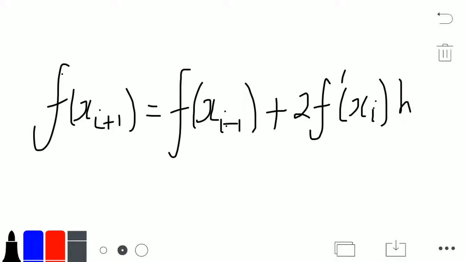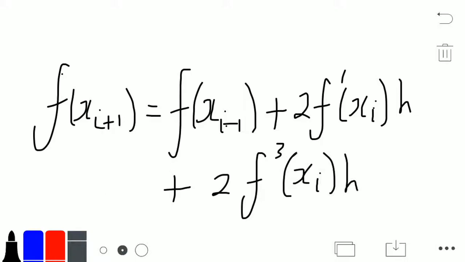And what you'll notice is that the second order terms vanish and we are left with a third order term, the third derivative at xi times h cubed divided by 3 factorial.